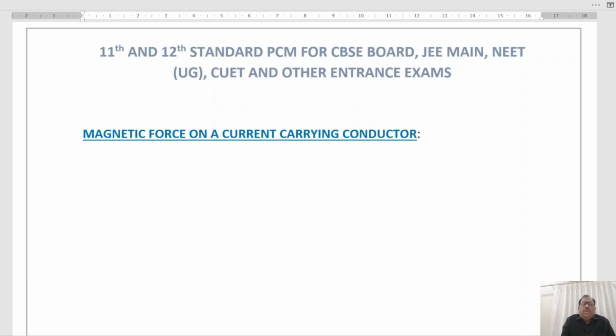Now let's move forward. The concept is magnetic force on a current carrying conductor. In earlier sessions we discussed Fm equals q V cross B, meaning when a charged particle enters a uniform magnetic field, it experiences a magnetic force.